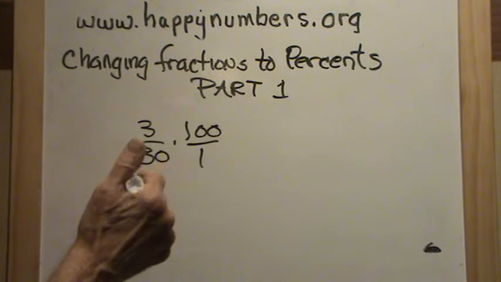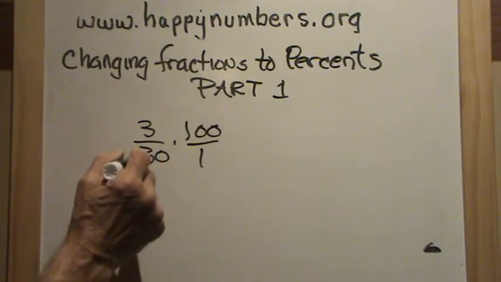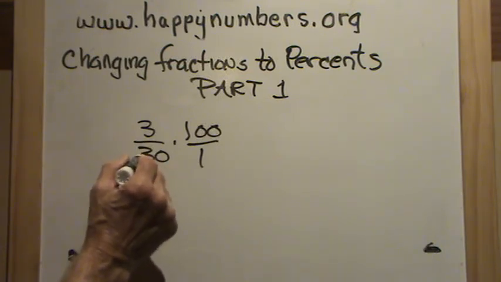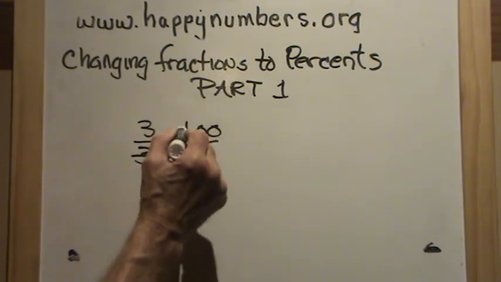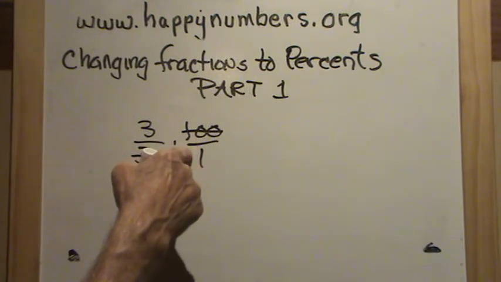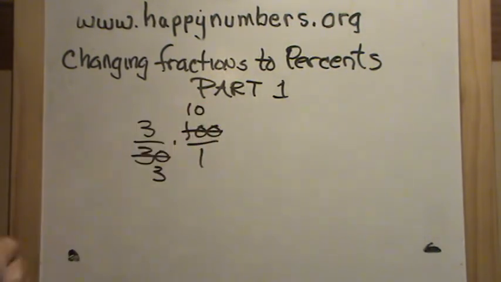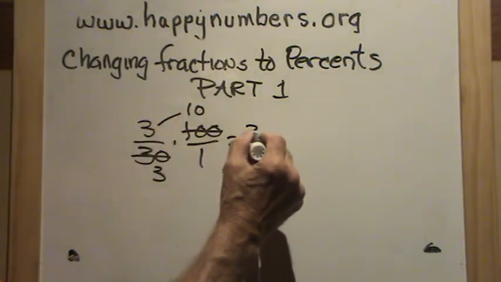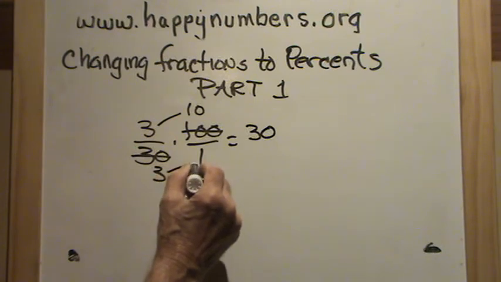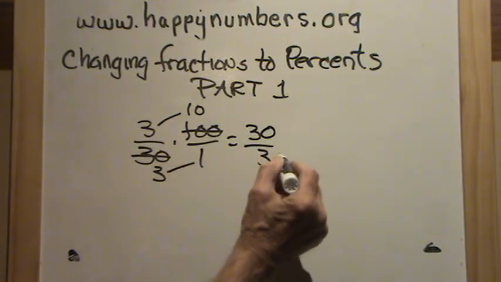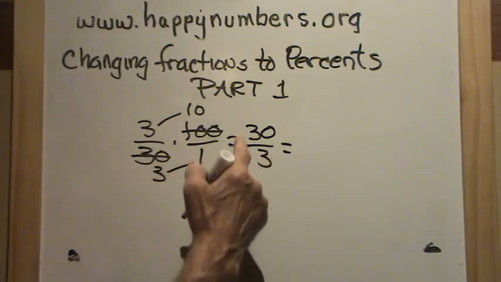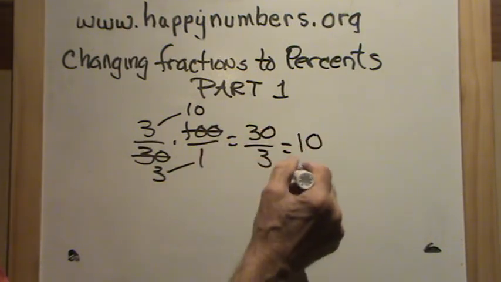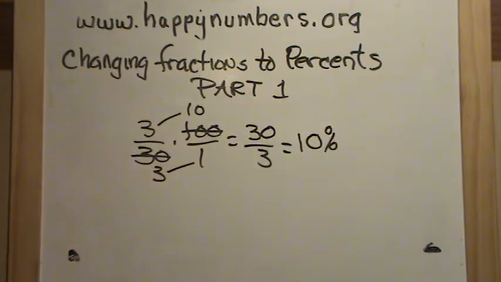But we know that 10 will go evenly into 30. 10 goes into 30 3 times. 10 goes into 100 10 times. Now we multiply. 3 times 10 is 30. 3 times 1 is 3. Have an improper fraction. 3 goes into that 10 times, and we put our percent sign.